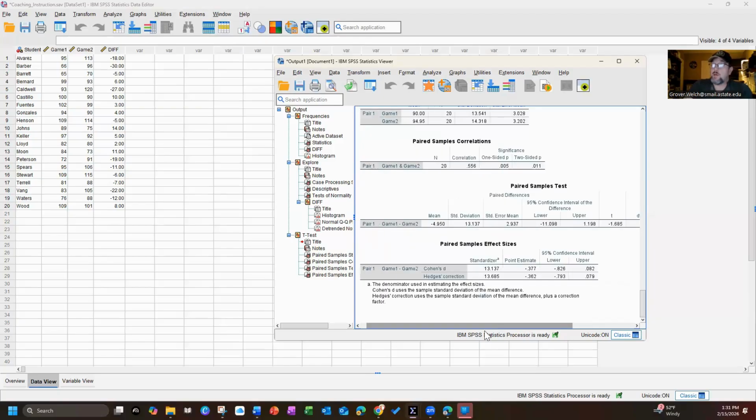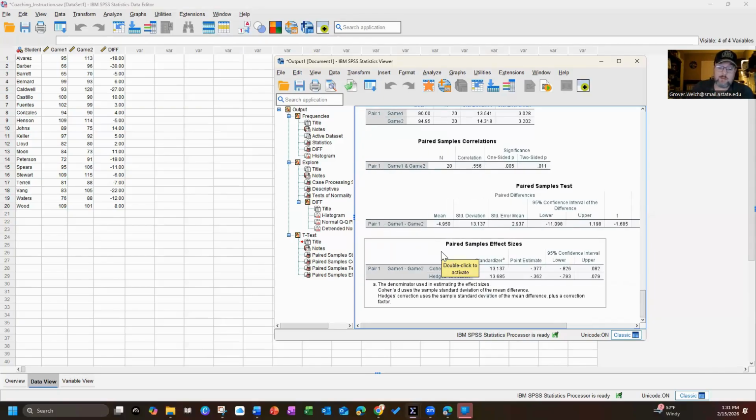And so now to state my conclusions. A paired samples t-test was conducted to evaluate whether a 15-minute individual coaching session would significantly improve students' bowling scores. The analysis compared scores from game 1, pre-coaching, with a mean of 90 and a standard deviation of 13.54, to game 2, post-coaching, mean 94.95, standard deviation of 14.32.